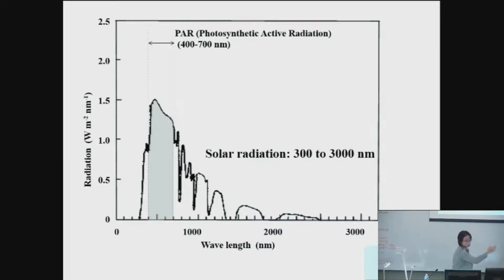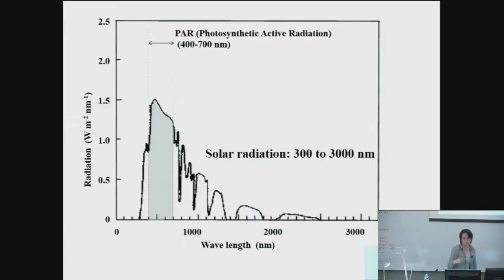So this shows the distribution. If you measure solar radiation outside the atmosphere, this curve is very smooth. But because of the atmosphere, particles and moisture are either reflecting or absorbing certain wavelengths of light, which is why you see up and down, up and down.